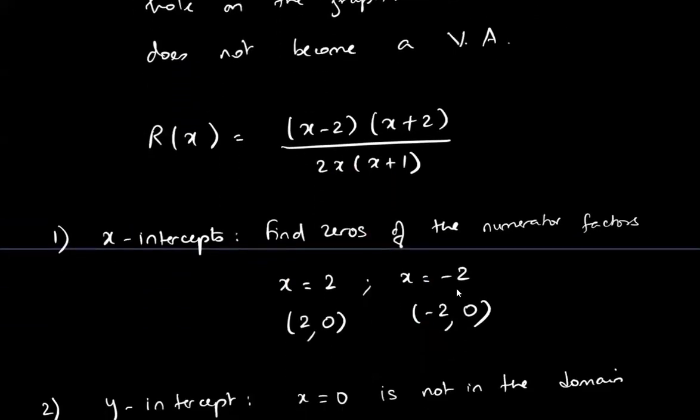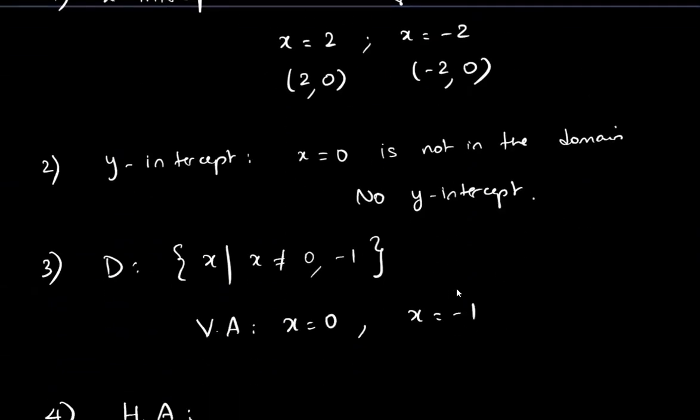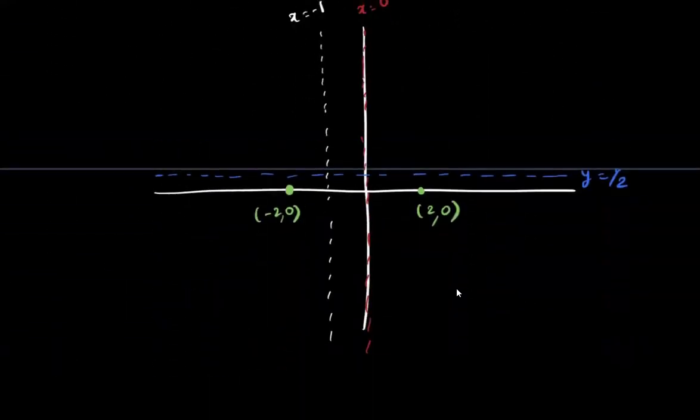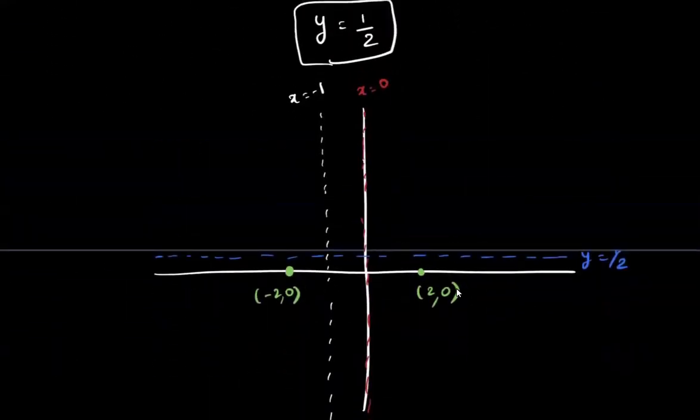If you look at your denominator, each of these factors has a power of 1. The x is raised to the power of 1, and x plus 1 is raised to the power of 1. That means at both of these vertical asymptotes, if I were to graph them like this, just to illustrate, this is what I will be looking at.